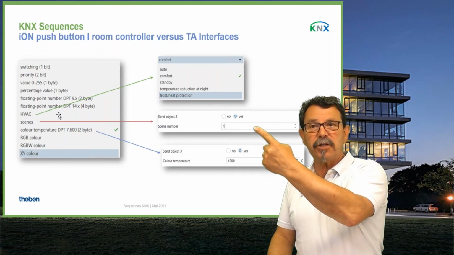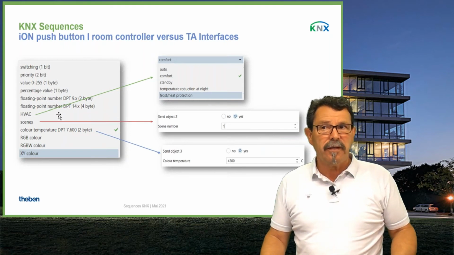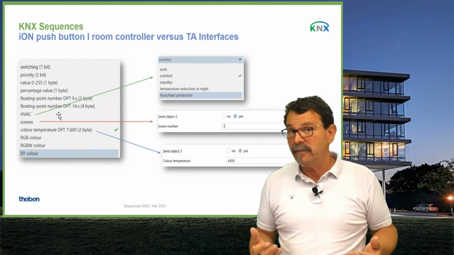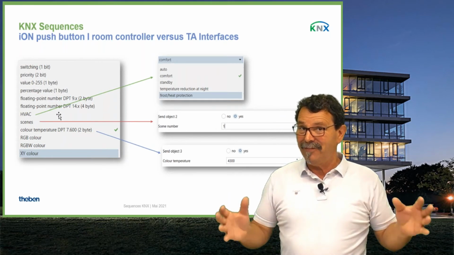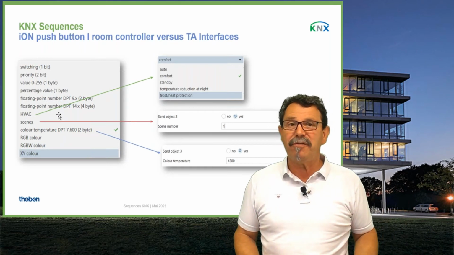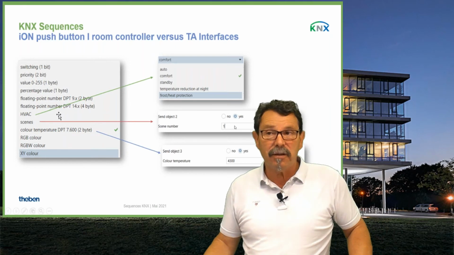And you call just this scene 1 up in a sequence, and you have 4 of these sequences available. You see, the application options are by far bigger than with a simple scene in general.